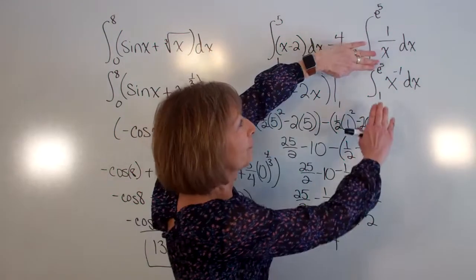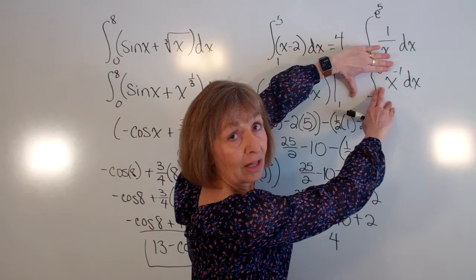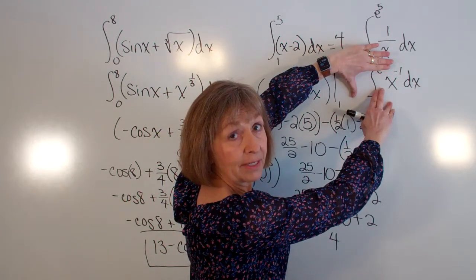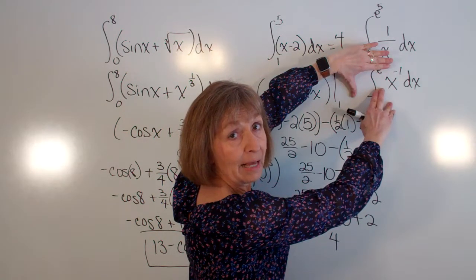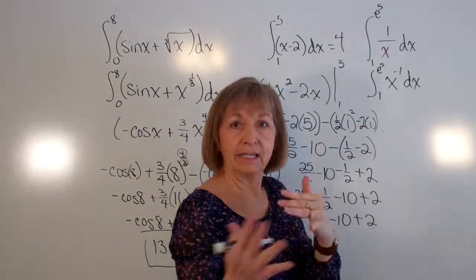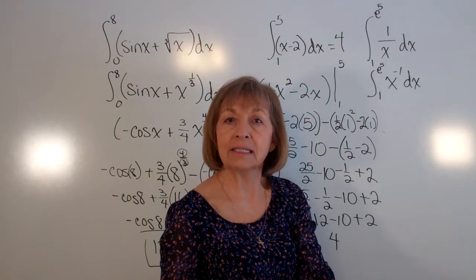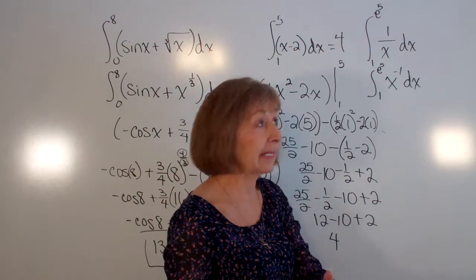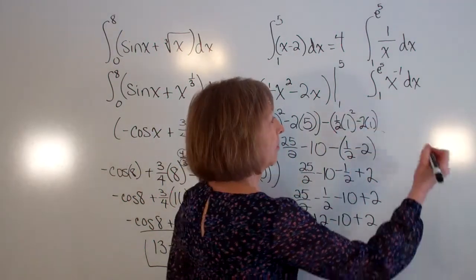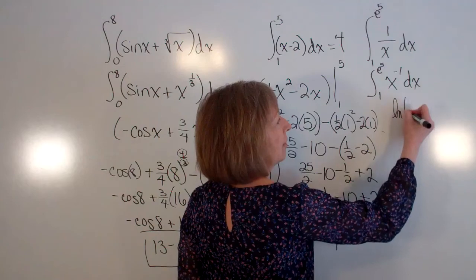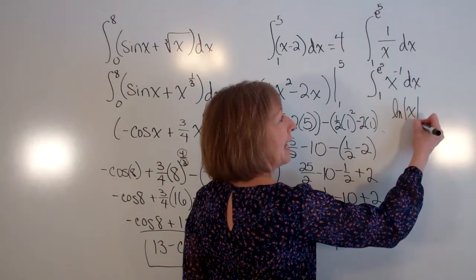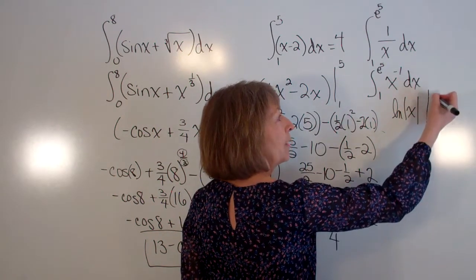So the indefinite integral of my x to the negative 1 is the natural log of the absolute value of x, and if it were the indefinite integral, I'd add the plus c, but I'm working towards the definite integral. So I'm going to write that natural log of the absolute value of x, and not plus c, but evaluated from 1 to e to the 5th.